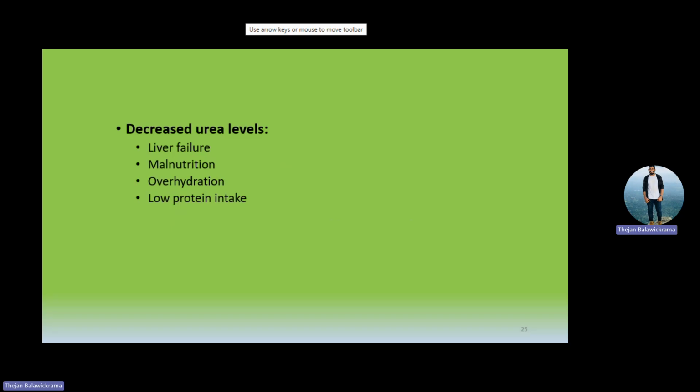We feel like it's harmful when it's high, and it can be low also under these situations. Liver failure, malnutrition, overhydration, that is also possible, like when we have a lot more water than expected. And low protein intake.